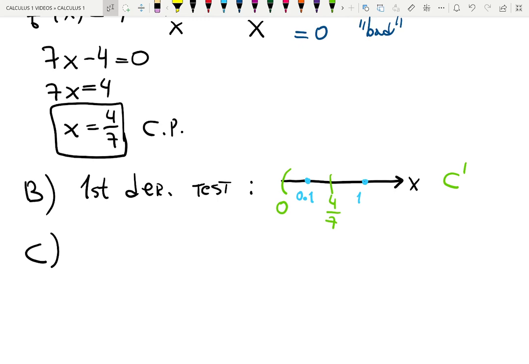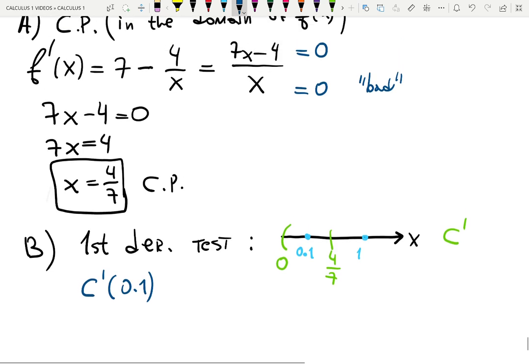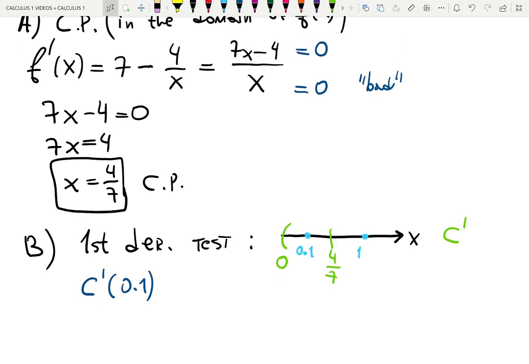I only need to know the sign of the first derivative at those test points. The first derivative at 0.1 will be, and now I'm looking at 7 times 0.1 minus 4 divided by 0.1.